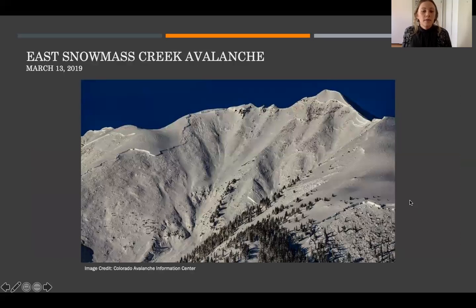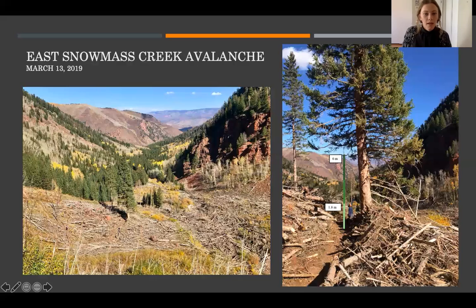So this is an image from Cake of the crown of the East Snowmass Creek avalanche. And here are some images from when I visited that site. Conveniently, there were trails that went to both of these sites. So on this path, we noticed that the trees weren't quite as destroyed as in the Conundrum path.